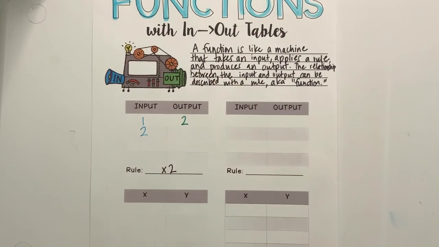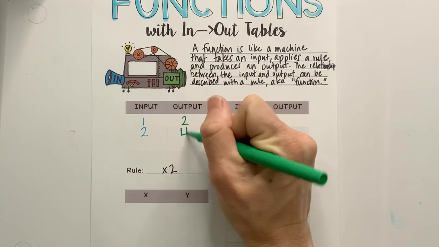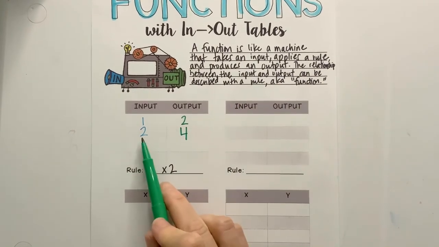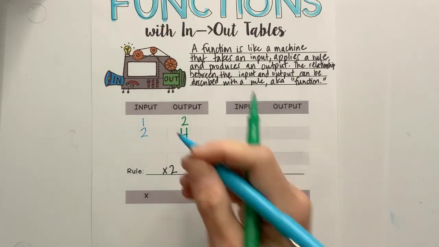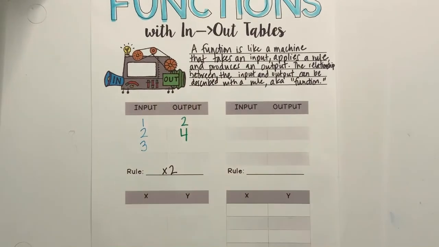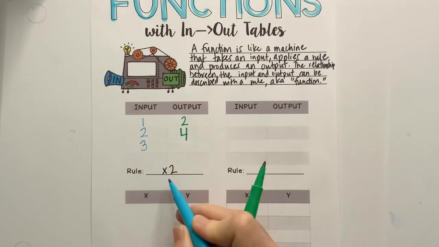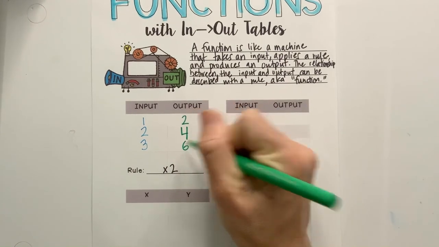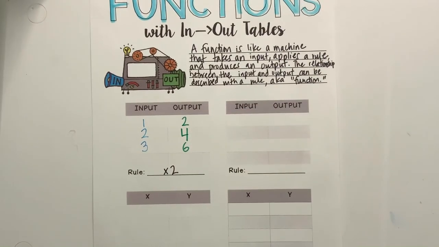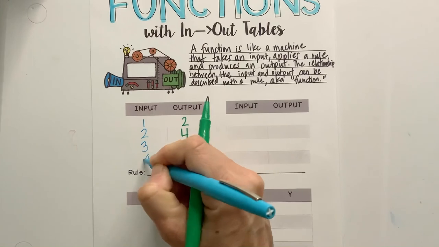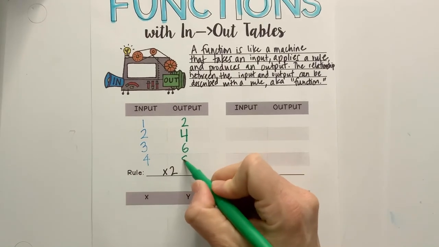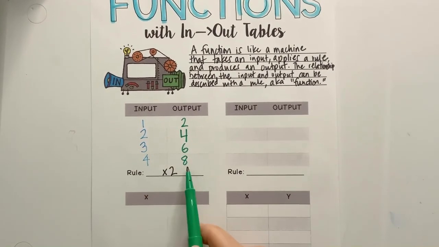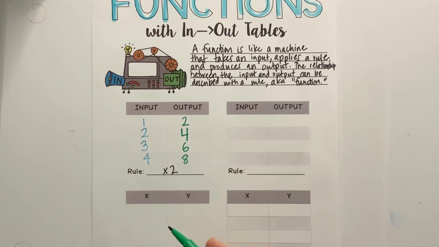You'd apply the function, and what would pop out? A 4, because the rule is times 2. 2 times 2 is 4. What if we were to put in a 3 as our input to our function machine? 3 times 2 is 6, so the output would be 6. What if we were to put a 4? 4 times 2 is 8, so the input is 4, and the output would be 8. All right, you get the idea.